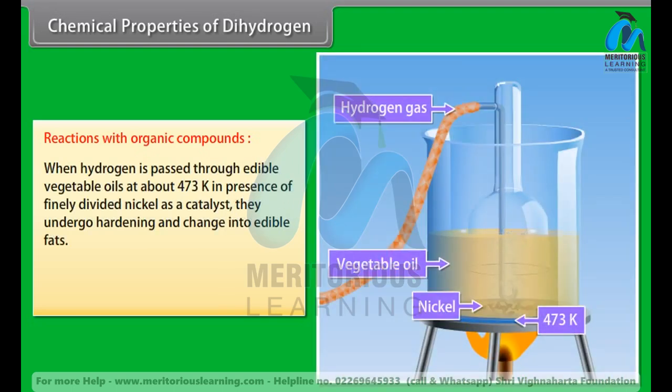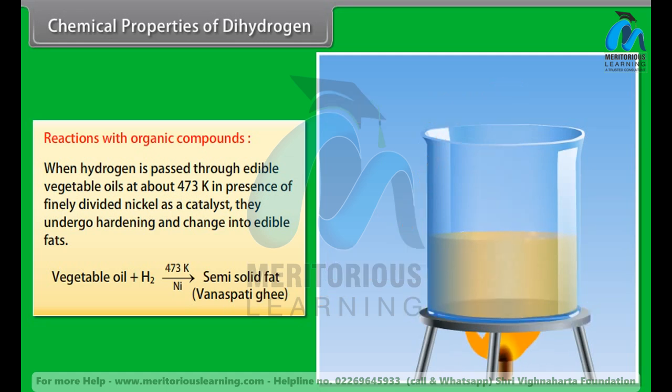When hydrogen is passed through edible vegetable oils at about 473 Kelvin in the presence of finely divided nickel as a catalyst, they undergo hardening and change into edible fats.